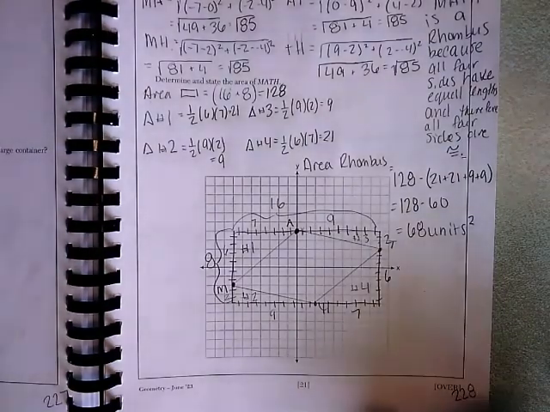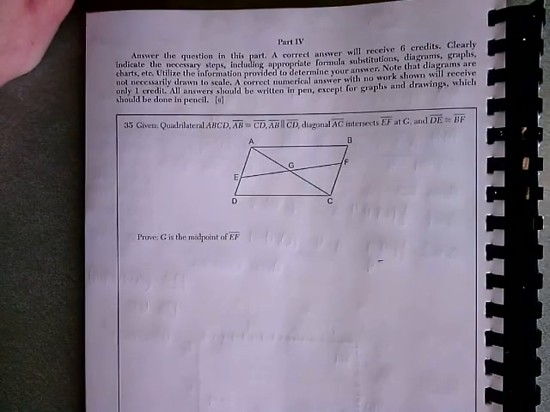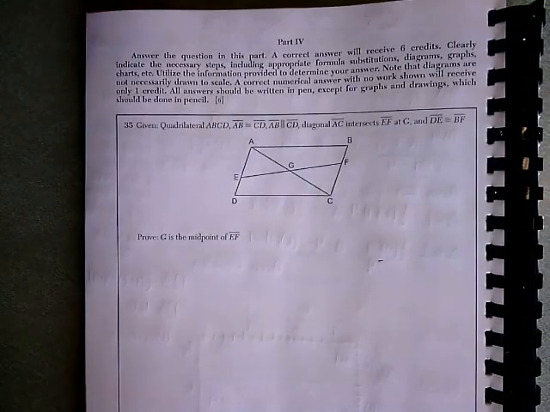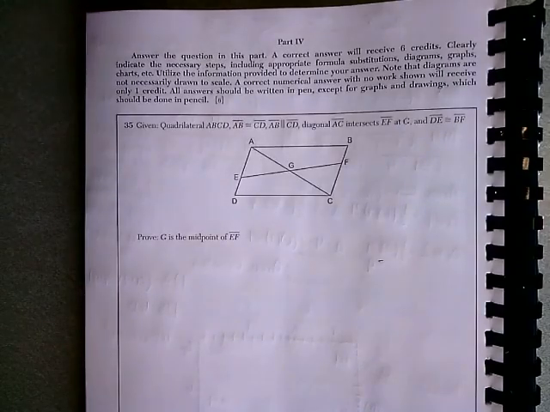All right, so last one, we're gonna look at question 35. Okay, so we are given quadrilateral ABCD. AB is congruent to CD and AB is parallel to CD. We have diagonal AC intersects EF at G and DE is congruent to BF.